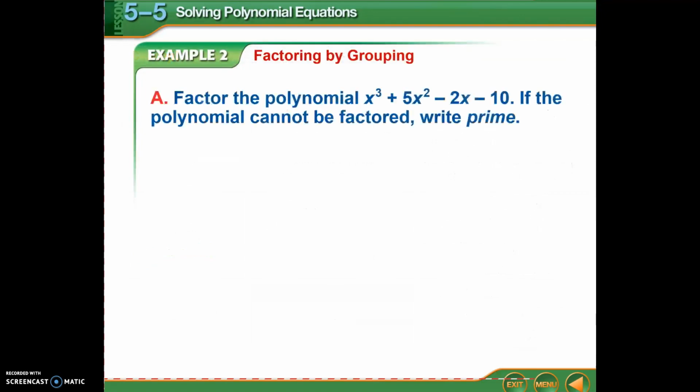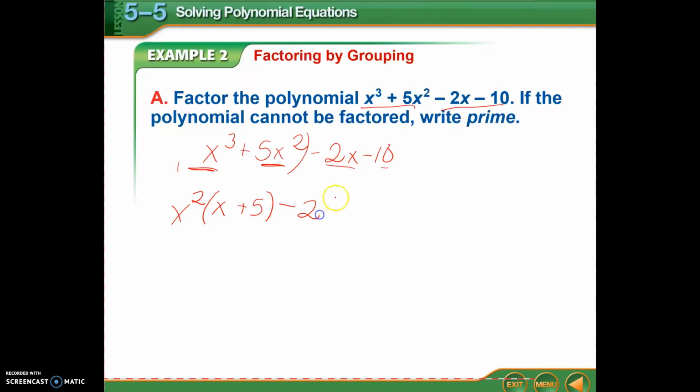So here I have 4 terms, so I'm going to factor by grouping. Again, we look at the first two terms. What's my greatest common factor out of those? That would be an x squared. When I divide by x squared, I get x plus 5. Then I look at these two terms, and the greatest common factor is negative 2, and I get x plus 5.